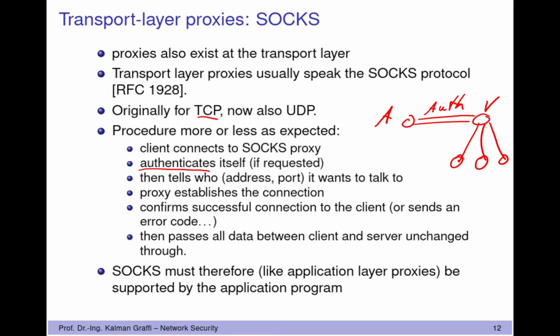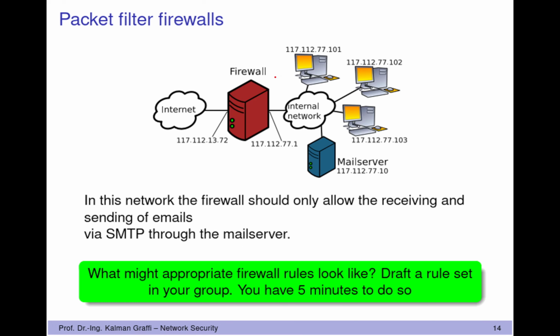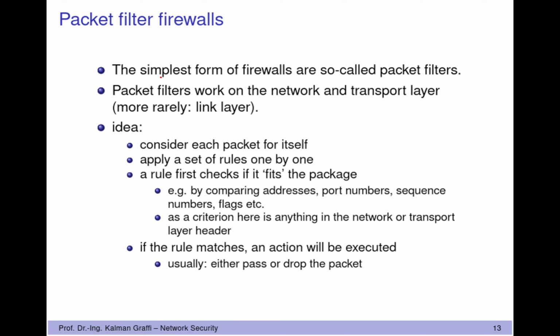Okay, so let's see what we look into today. We now start with the packet filter firewalls in more depth, and they are really quite simple. They have very limited elements that they look at, and very limited options to act. Typically they consider both the network and the transport layer, rarely also the link layer.